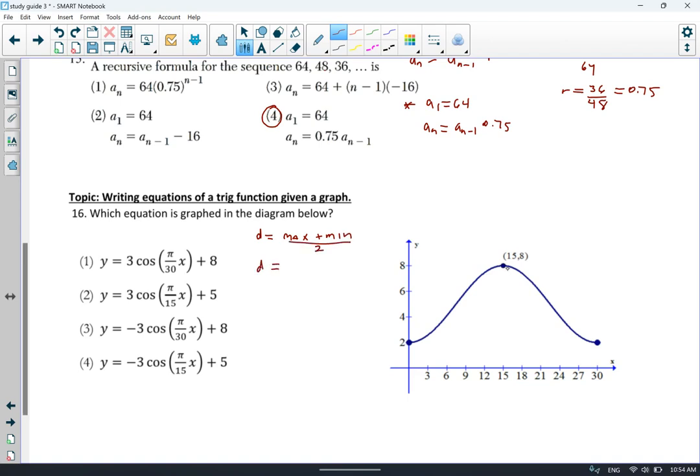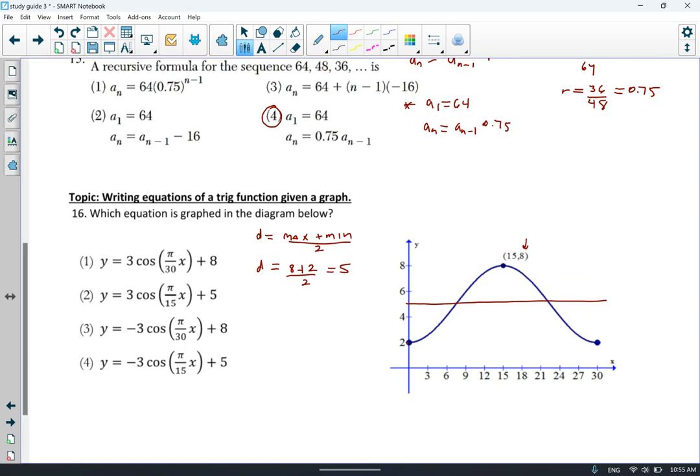So we see the maximum y value is 8. The minimum y value is 2, divided by 2. So that tells you that the midline is 5.